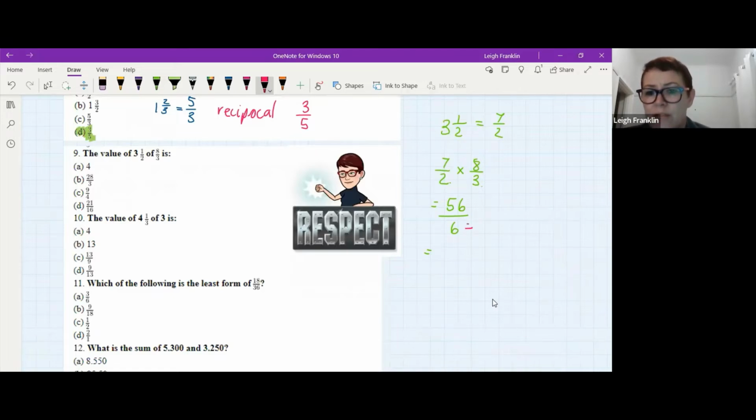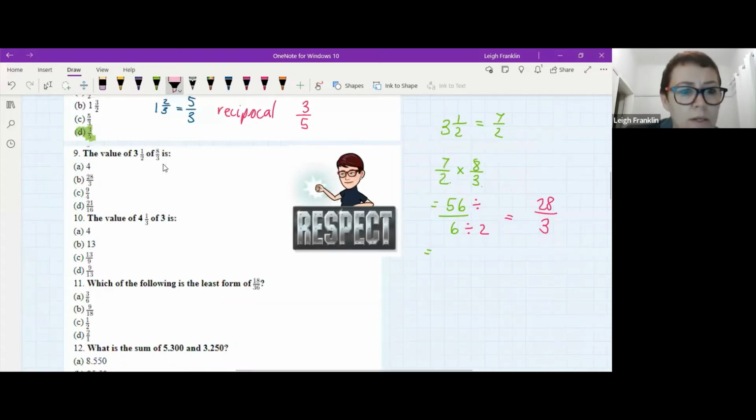We know that we can divide the bottom by 2, and we can divide the top by 2 as well. 56 divided by 2 is 28, and 6 divided by 2 is 3. So the answer that we were supposed to have there was B. It's supposed to be 28 over 3. That's a difficult question, isn't it?